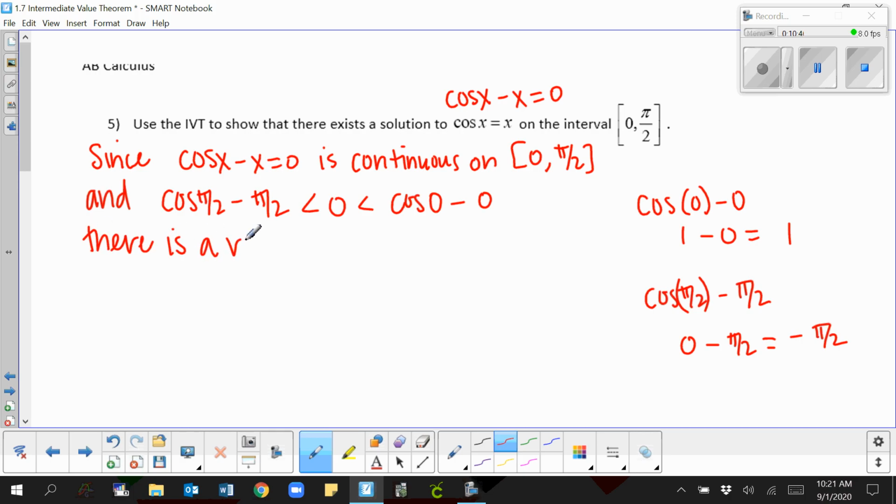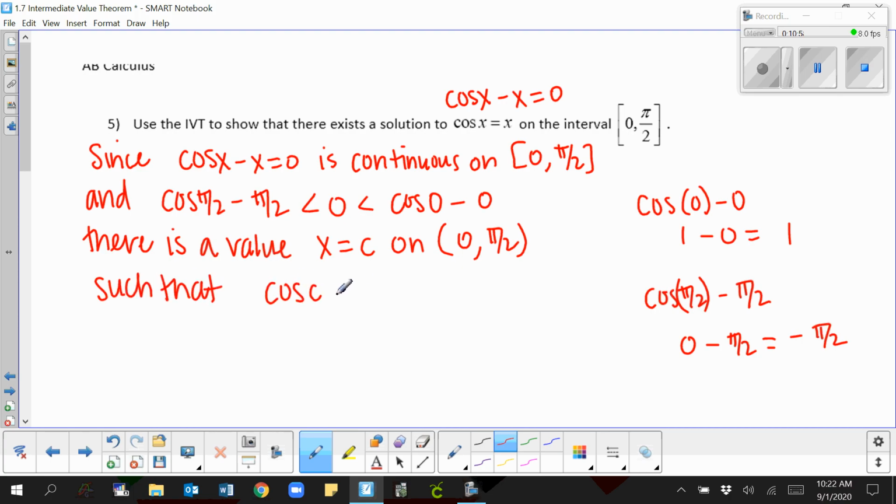There is a value x equal to c on my interval 0 to pi over 2 such that the cosine of c minus c is equal to 0 by our intermediate value theorem. All I'm saying is, since it's continuous and this one is negative and this one is positive, there has to be somewhere where it crosses the x-axis in between those 2 points.